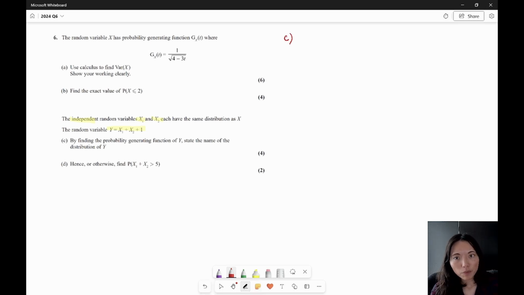So that's a feature of probability generating functions. So probability generating function of y is simply probability generating function of t times probability generating function of t times t. That's a property of probability generating function. So let's multiply the terms together.